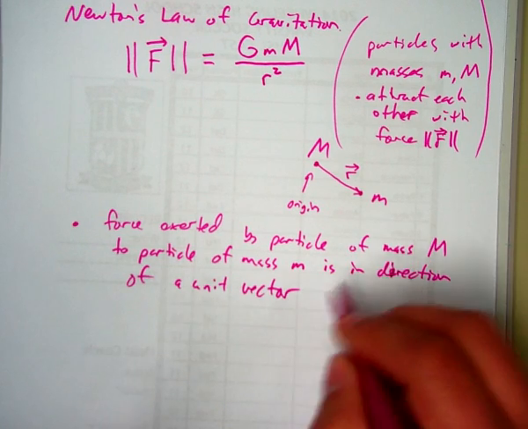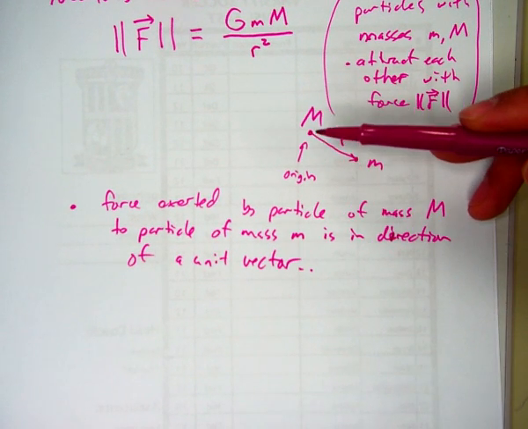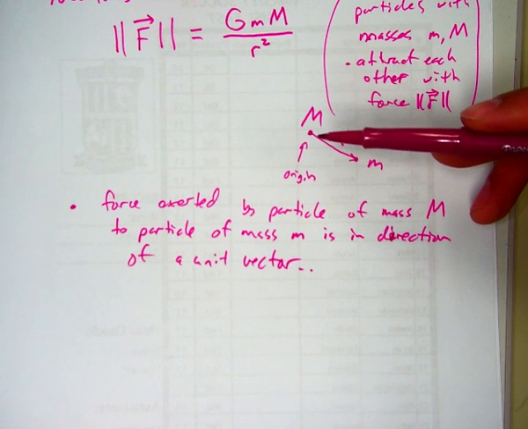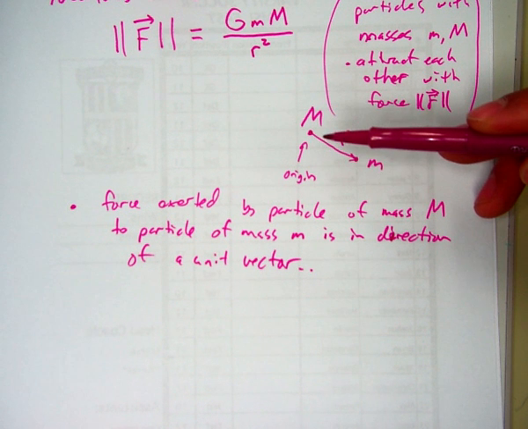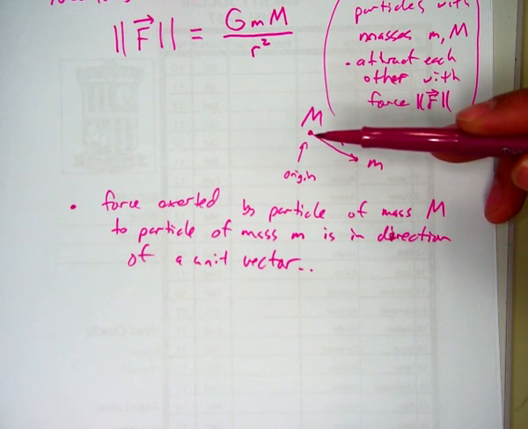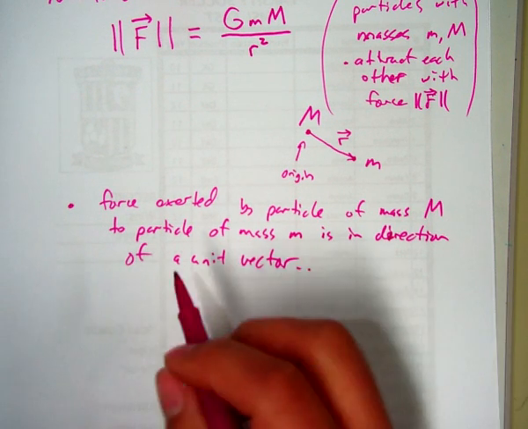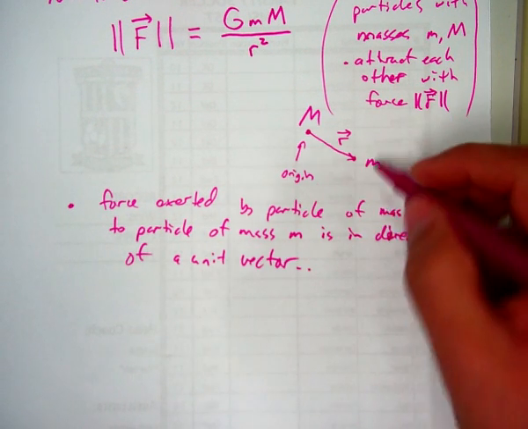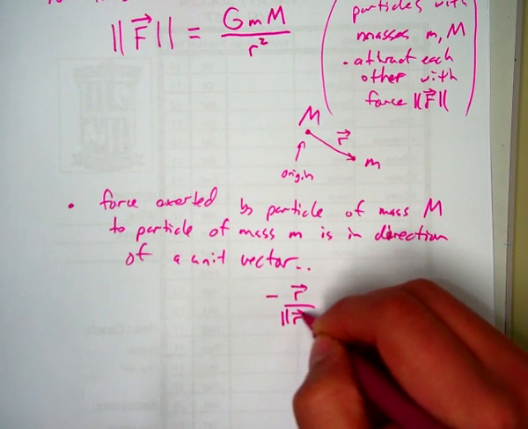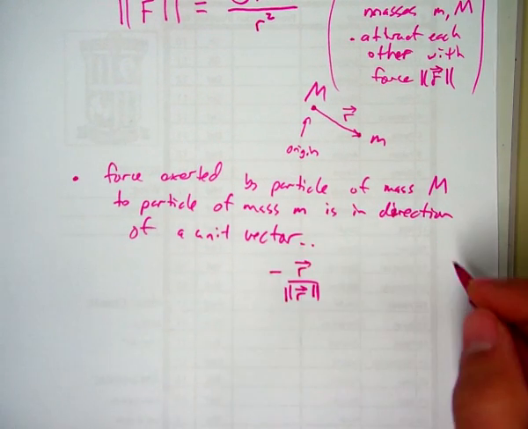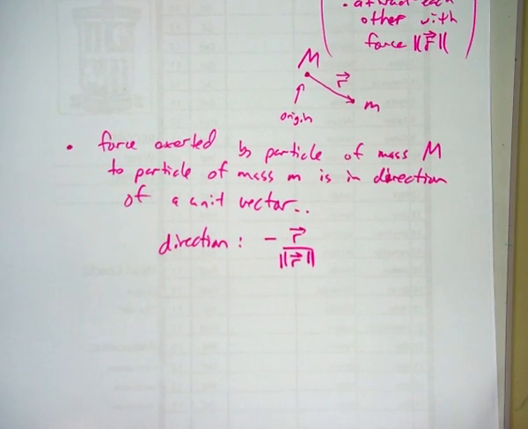The big mass exerts attractive forces, so the force would be pointing towards the big mass. Does that make sense? So the direction is going to be minus r, and if we want a unit vector, we divide by its magnitude like we did in chapters 11 and 12. So this is the direction of the force.